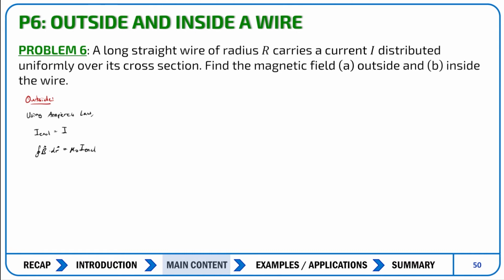We know that the path integral for a loop of radius r is given as 2 pi r times B because the field is parallel to the Amperian loop. So that means we have mu naught I. Then there's B, which is equal to mu naught I over 2 pi r. And that's our answer for B. And it is a vector, but it's going around the wire, so it's hard to pinpoint an exact direction.